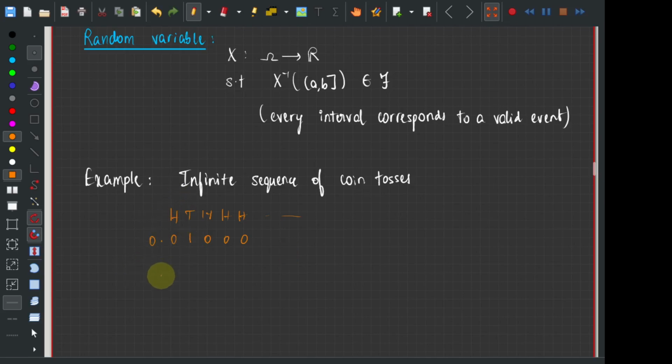Correct. So let us say that b_i is 0 if the ith toss is a head and it's 1 if it is a tail.